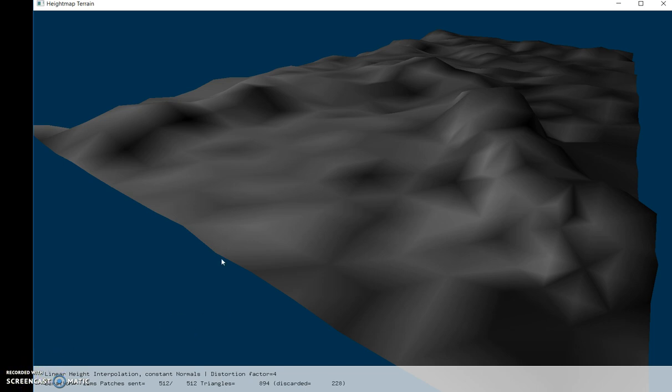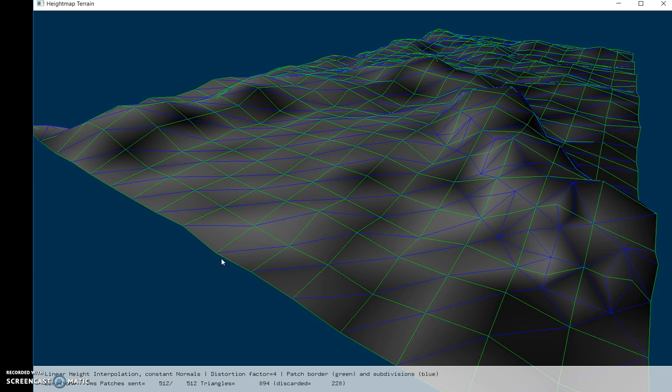Let's see now the wireframe representation associated to the surface. You see all the different patches limited by the green edges, and the inner triangles limited by the blue edges. As you can notice, most of the patches in this configuration have a minimum tessellation level.